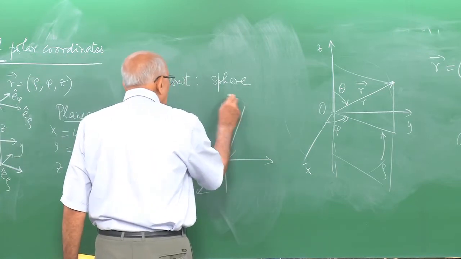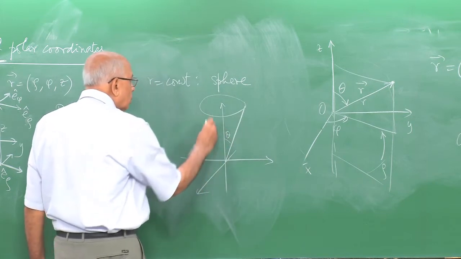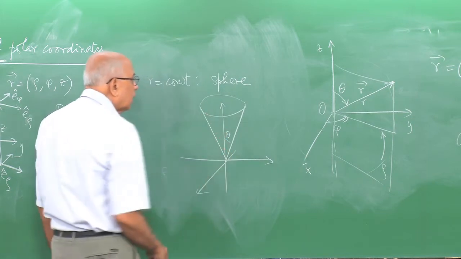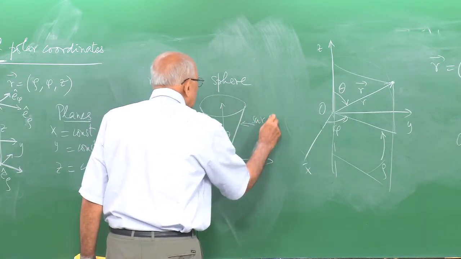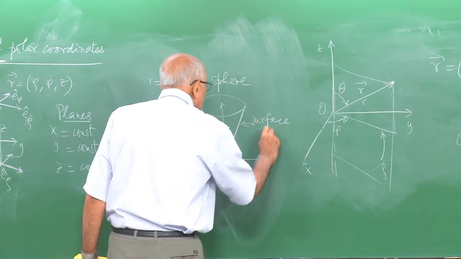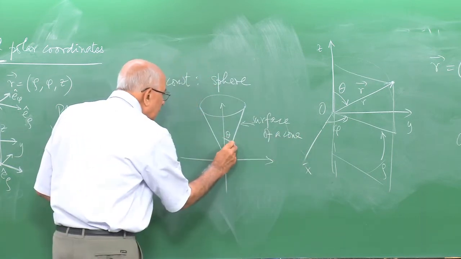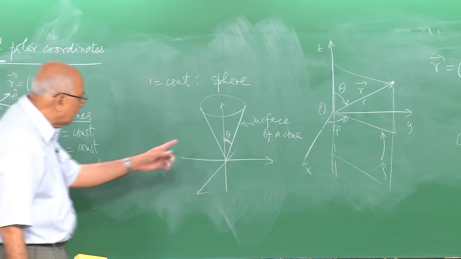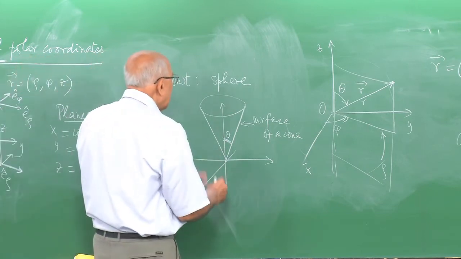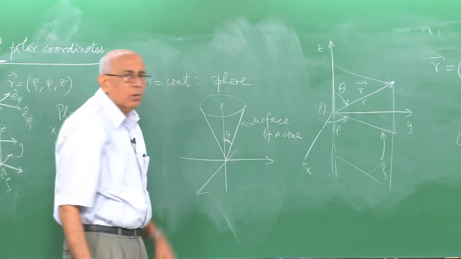And since phi, the azimuthal angle, goes all the way around from 0 to 2 pi, what you have is the surface of a cone whose half angle is theta. That surface, which goes all the way to infinity, is what theta equal to constant is.